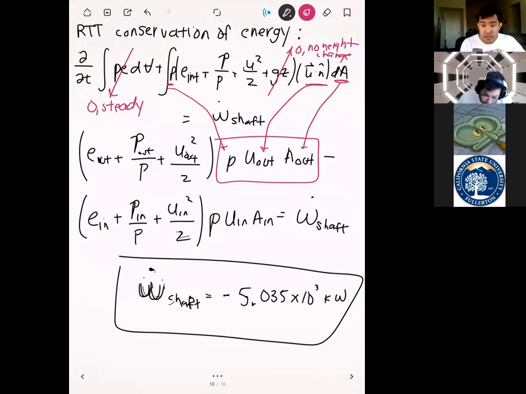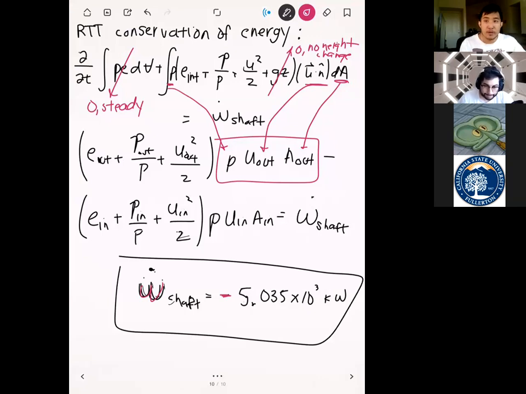Okay, so the question is, what is negative? The W dot shaft that we get out right here is negative, and the reason is that this is a turbine, and so the fluid is losing energy to the turbine. Is all energy from a turbine negative because it's being lost? Yes, exactly.